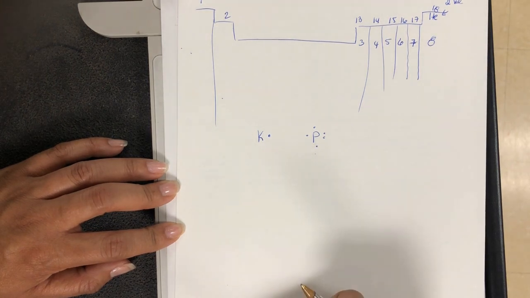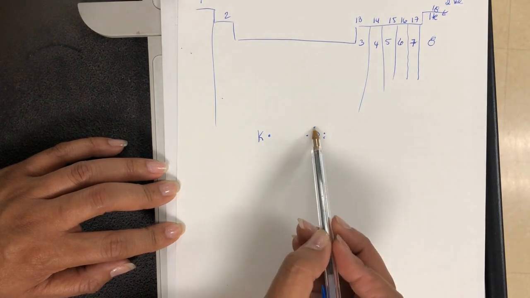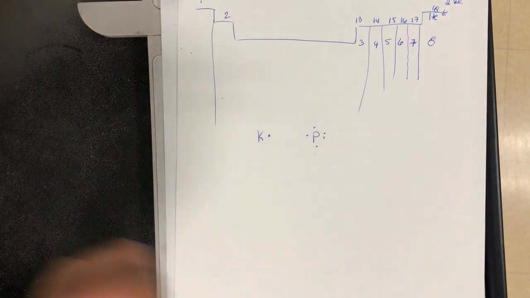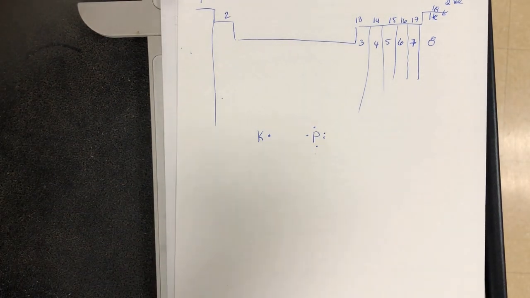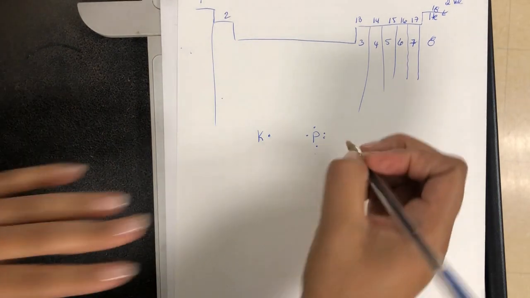What would this do? It could either lose how many valence electrons or gain how many? 3. Which one is it going to do? Gain 3, because it's the smallest number.